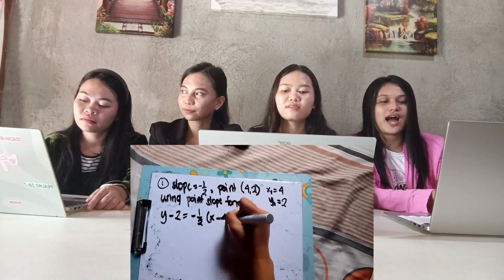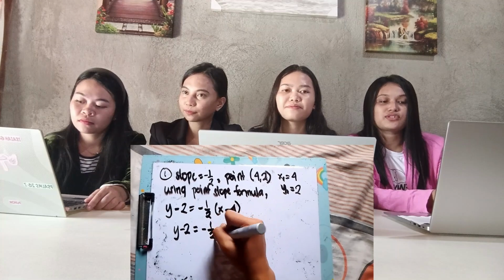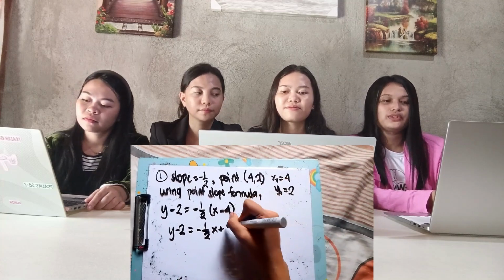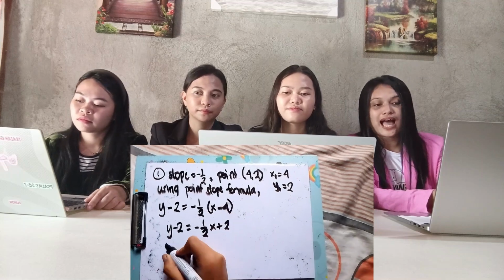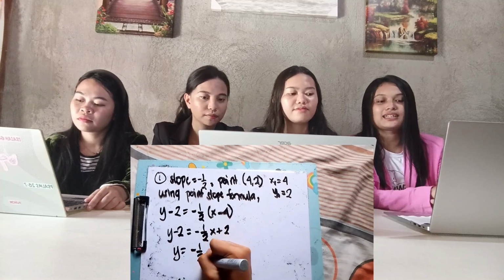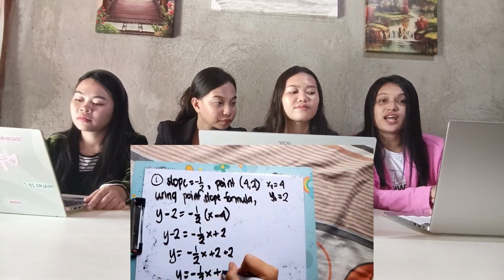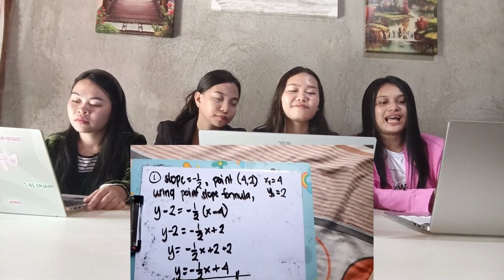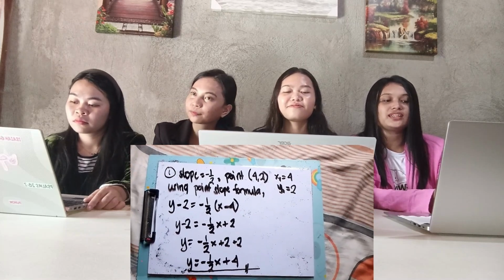Distributing, we have y minus 2 equals negative 1/2 x plus 2. Then we add 2 to both sides to isolate y. We get y equals negative 1/2 x plus 4. So the equation of the line is y equals negative 1/2 x plus 4.